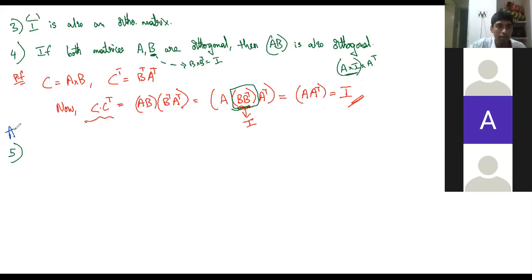But this point is where the storm is going to begin. And this point is where all the questions are going to be asked. And this point is where many students forget this matrix. They don't want to learn this. But you listen very carefully and things will be very simple. Pay very close attention to the fifth point. We are going to derive very important conclusions from this fifth point.